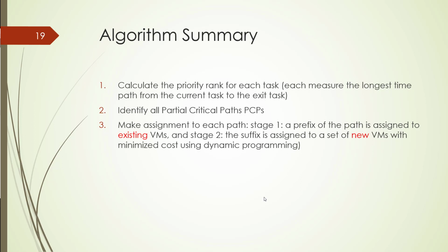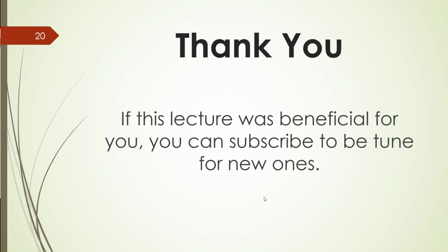In stage 1, a prefix of the path is assigned to the existing virtual machines. In stage 2, the suffix is assigned to a set of new virtual machines with minimized cost using dynamic programming. As you see, the dynamic programming comes from the fact that we go from the last task to the first task.